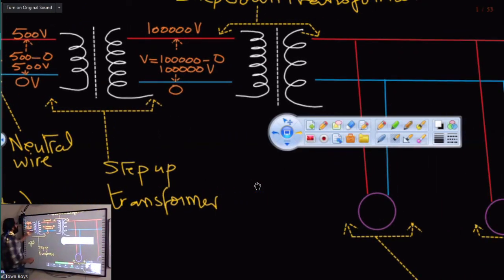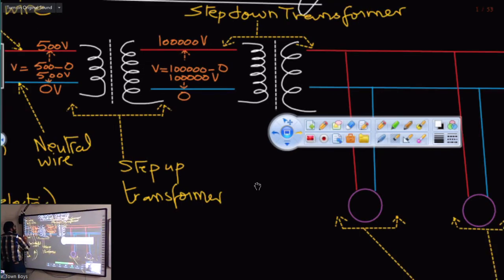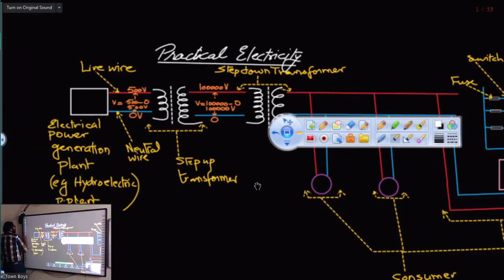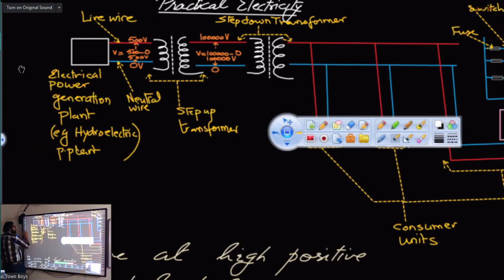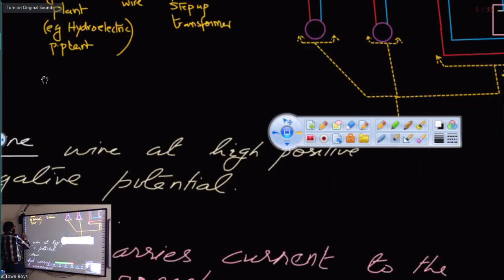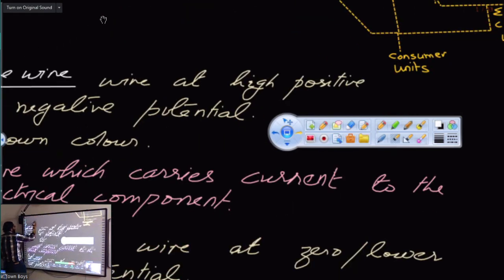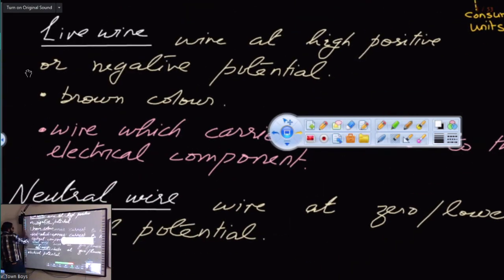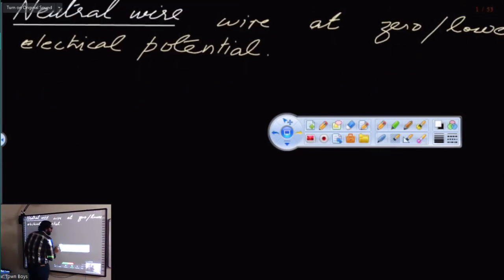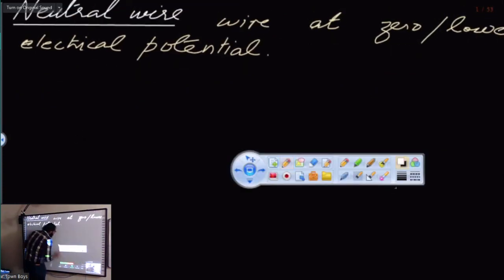So now, अब हमने लगा दिया 100,000 volts. अब इस पॉइंट पे आते हैं और मैं वापस पहले ट्रांसफार्मर की डेफिनेशन आपको लिख के दूंगा, and then I'll tell you what the purpose of a step-up transformer is. Transformer.